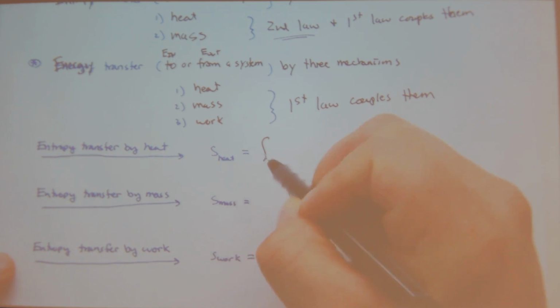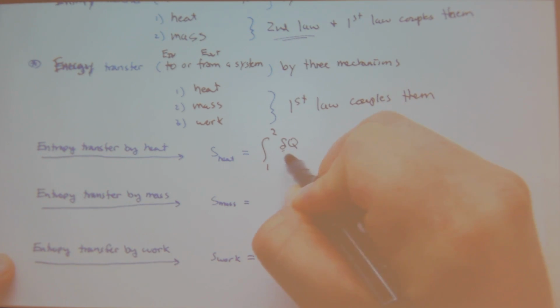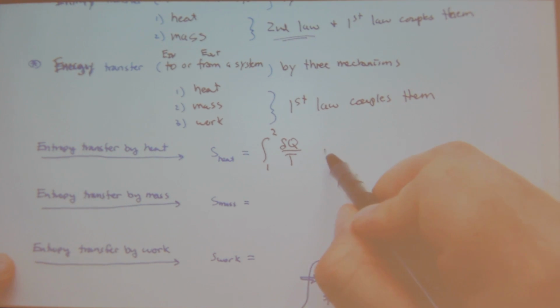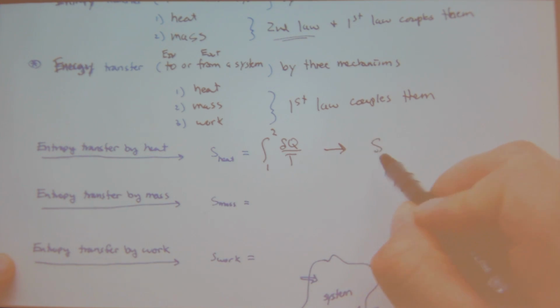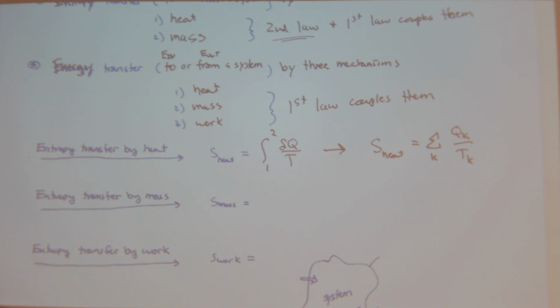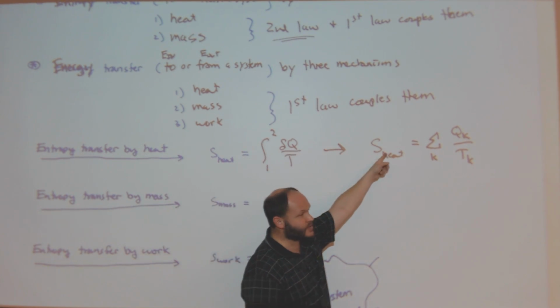The entropy transfer due to heat going from state 1 to state 2 is delta Q over T. And instead of writing it in integral form, I can write it in a summation form, equals the sum. So I took my integral and I wrote it in sum form.